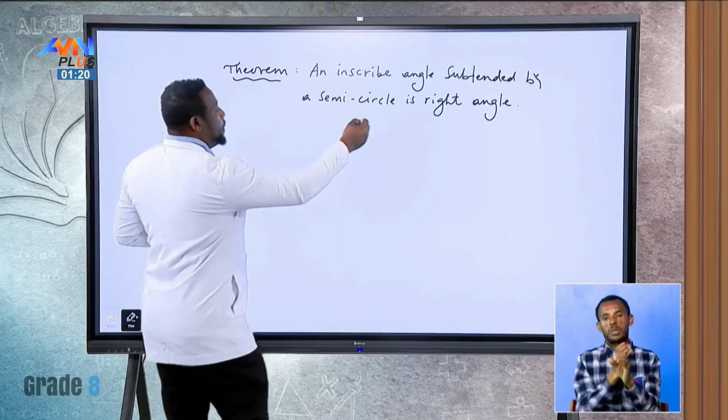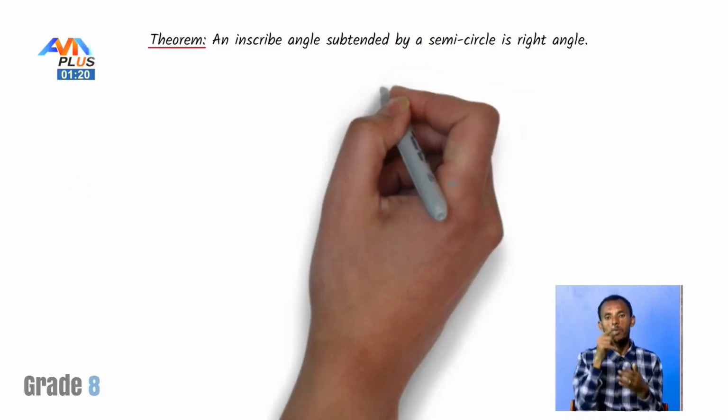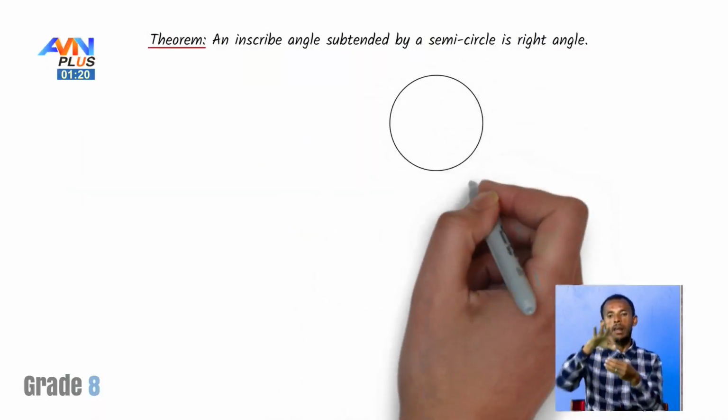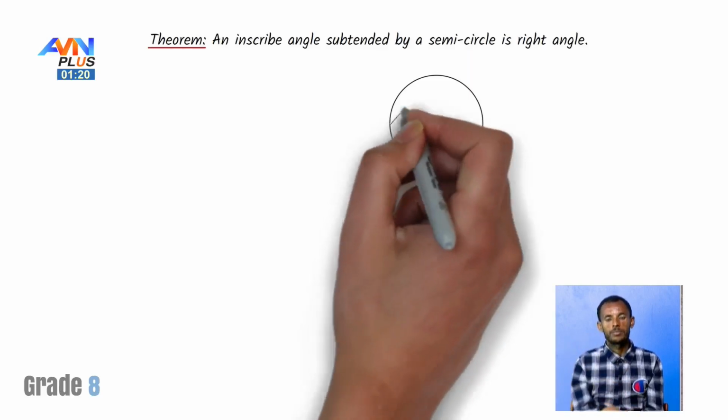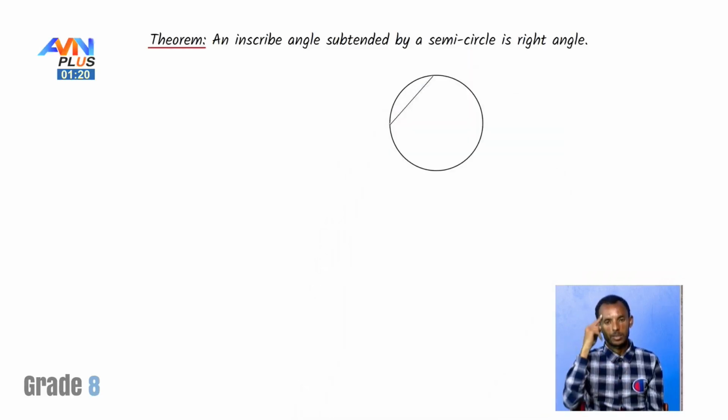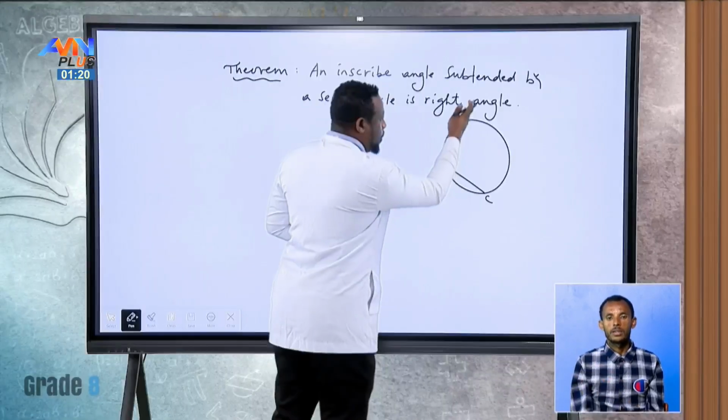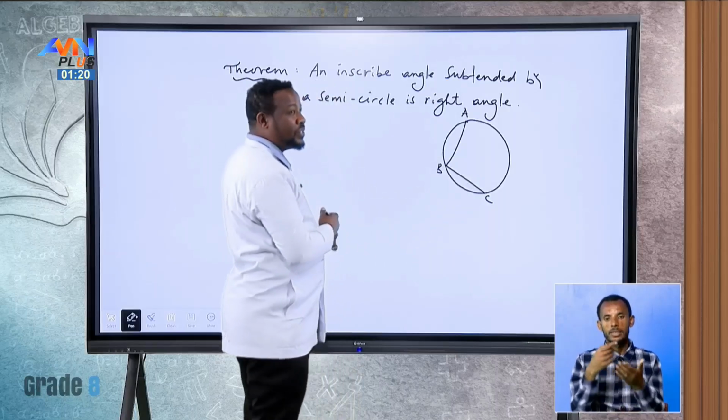So simply, if you have a certain circle, okay, and assume our inscribed angle is A, B, C. Say this is A, this is B, this is C. Okay, these are chords.